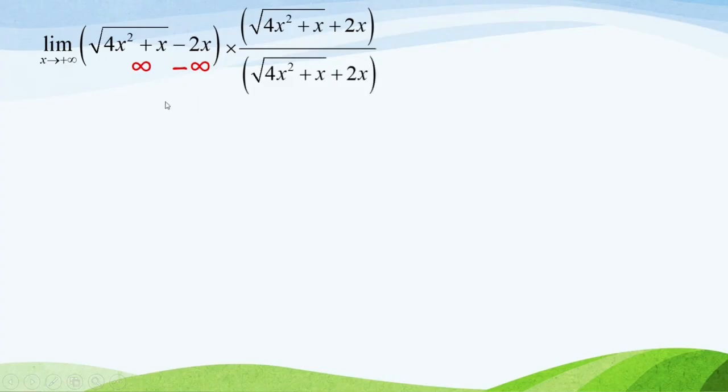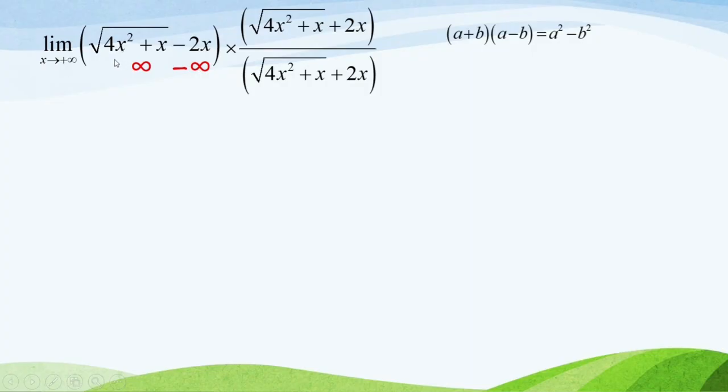Then we simplify this. We know (a plus b) times (a minus b) equals a squared minus b squared, so we use this to simplify.